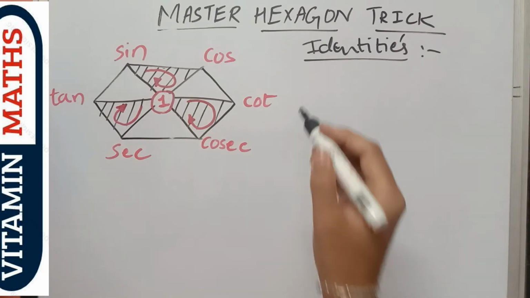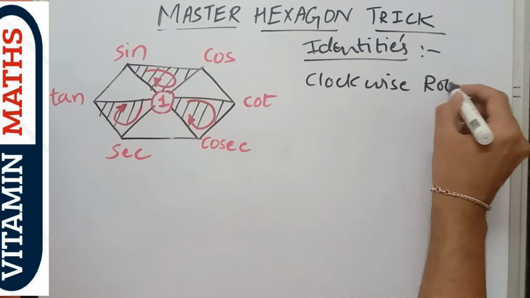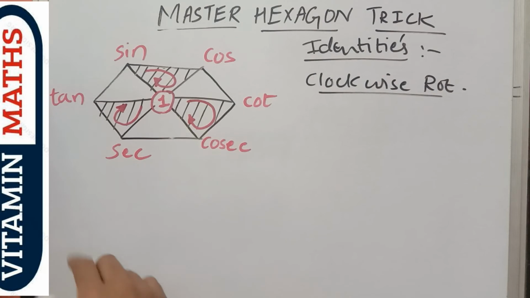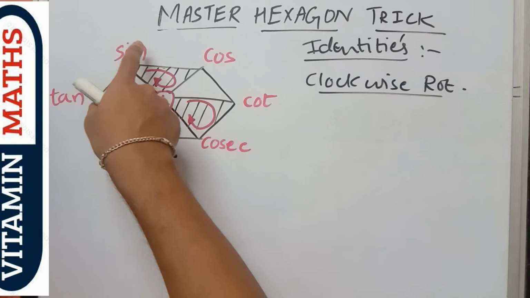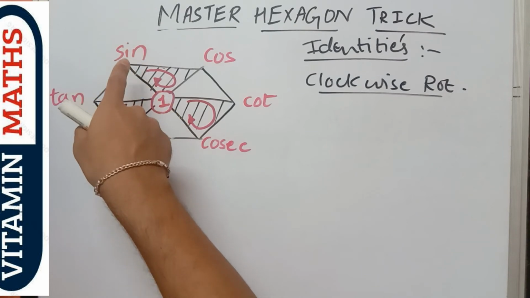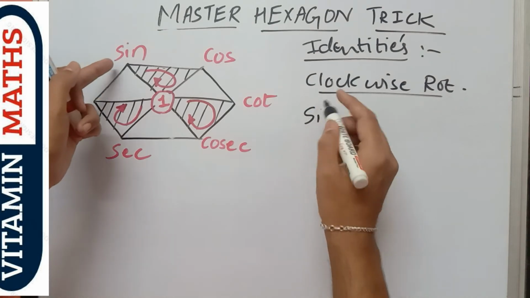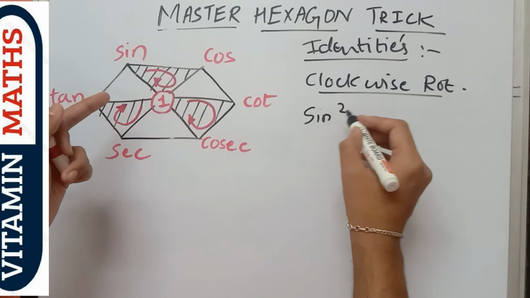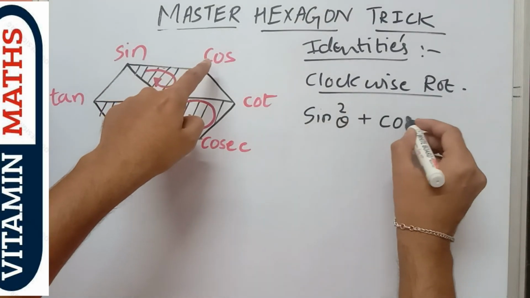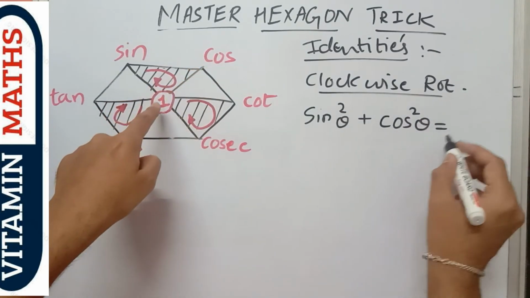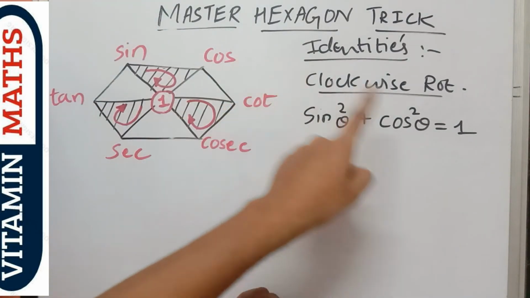So for clockwise rotation, now what I am going to do, just here sine cos and 1 is there, so take the square of the trigonometric function, that is sine square theta plus cos square theta is equal to 1.